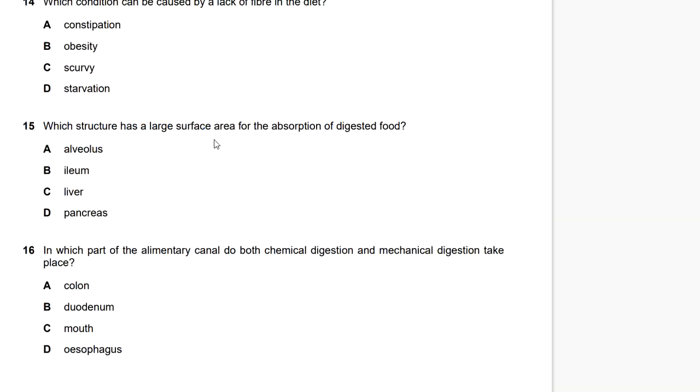Which structure has a large surface area for the absorption of digested food? Of course, not the alveolus. This is part of the respiratory system. The ileum, the liver, and the pancreas are all for the digestive system. However, the liver and the pancreas just secrete.